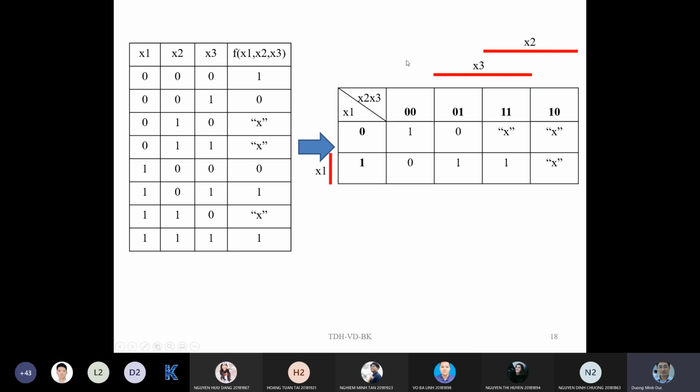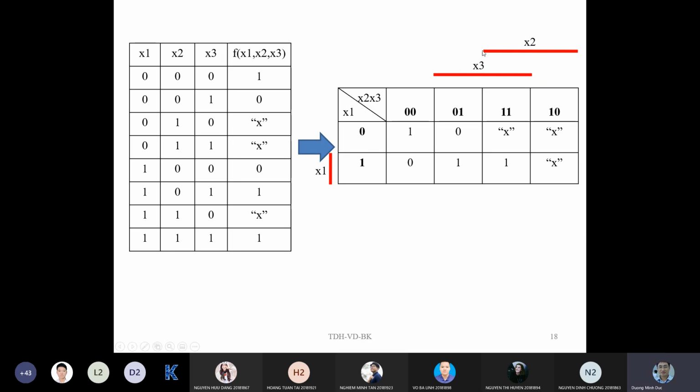The second group is x2 and x3, because there are two variables. And we can only present in the 2D table. So for the columns, we have to use two variables. For two variables, there are 4 columns.